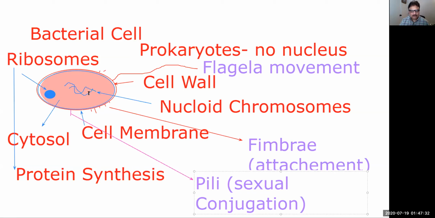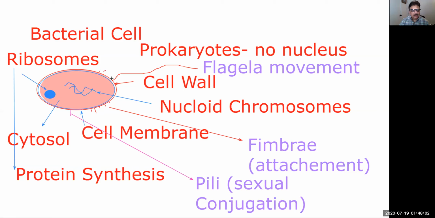So let's recapitulate very quickly. A bacterial cell is mainly without a nucleus. The chromosome is in the cytoplasm, called nucleoid. And one of the most important organelles in a bacterial cell is ribosomes, which help in protein synthesis. Then cell wall and cell membrane.